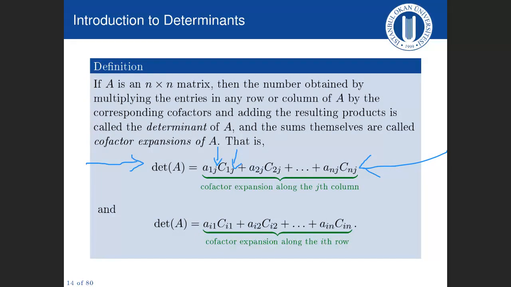So A1j C1j, and then we increase the 1 to 2, A2j C2j, plus A3j C3j, plus A4j C4j, etc. Or, if we decide we're going to use the ith row, then the first of these indices is always going to be i: Ai1 Ci1 plus Ai2 Ci2 plus dot dot dot plus Ain Cin. And by the theorem, it doesn't matter which row we choose or which column we choose, we always end up with the same number.